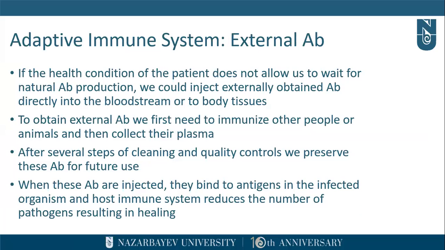So what happens if there is a patient who cannot actually develop this antibody production? There are different patients who are immunosuppressed, who take immunosuppressive drugs due to transplantation, but they need to be prepared to protect themselves once they go outside. In that case, antibodies can be externally introduced.